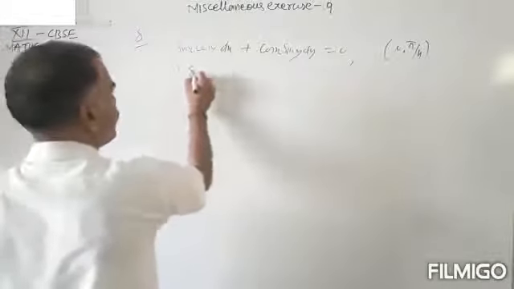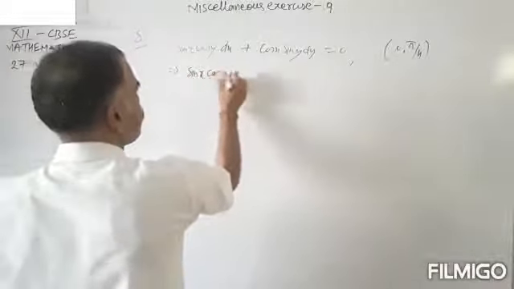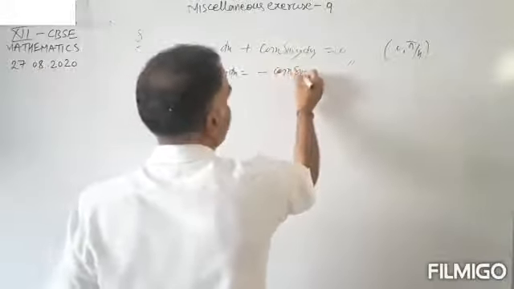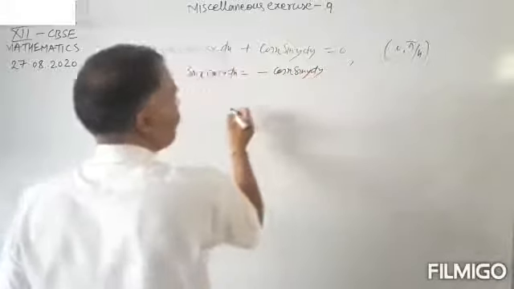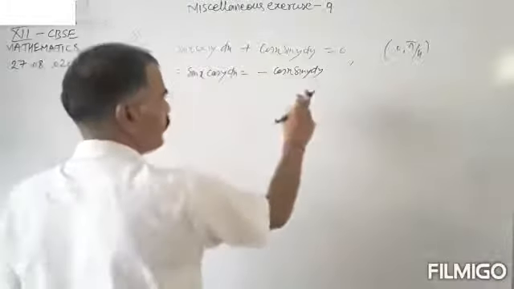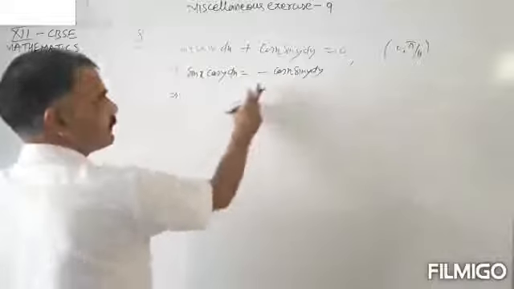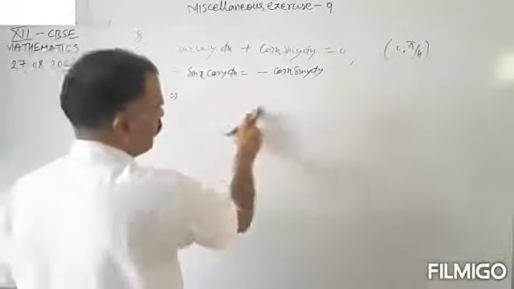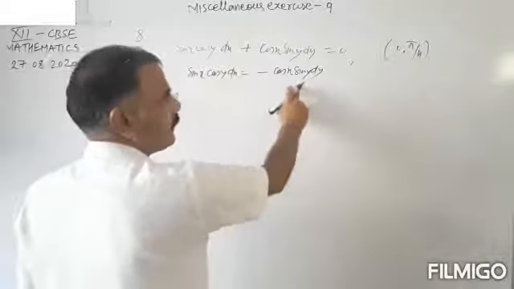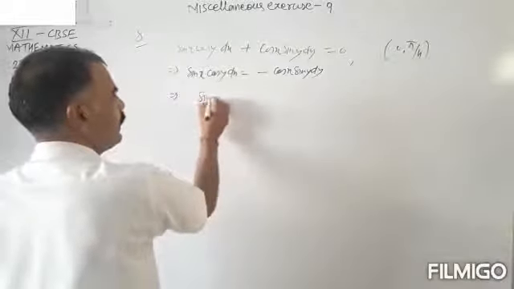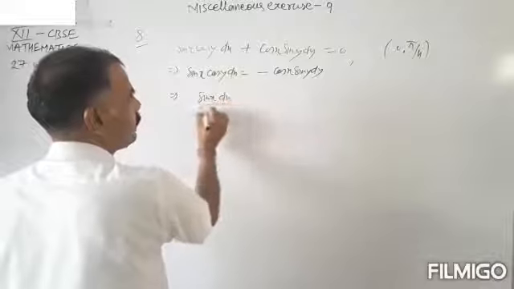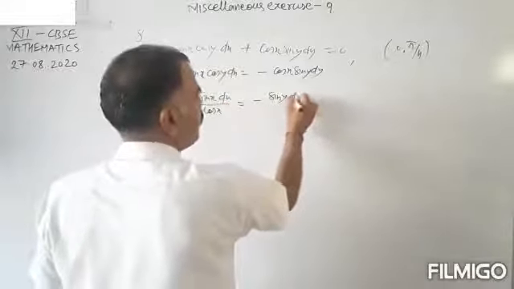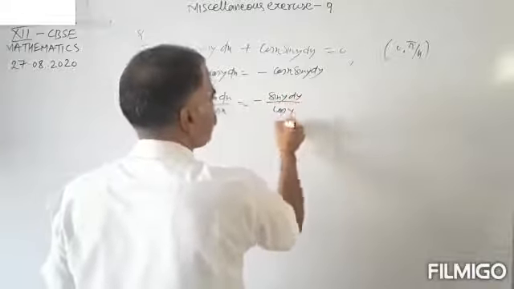So this can be written as sin x cos y dx is equal to minus cos x sin y dy. After separating the variables, cos x goes to the left hand side and cos y to the right hand side: sin x dx upon cos x is equal to minus sin y dy upon cos y.